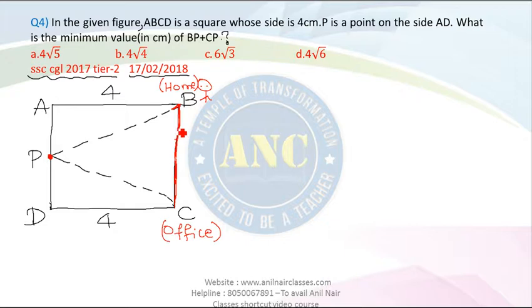So that would have been the minimum distance traveling from B to C. But the question asks for the minimum value of BP plus CP. That means there is no provision to directly come from B to C, because they are constructing a road and the road is as of now not constructed. I want to go from B to P and then from P to C. What is the minimum distance is the question.